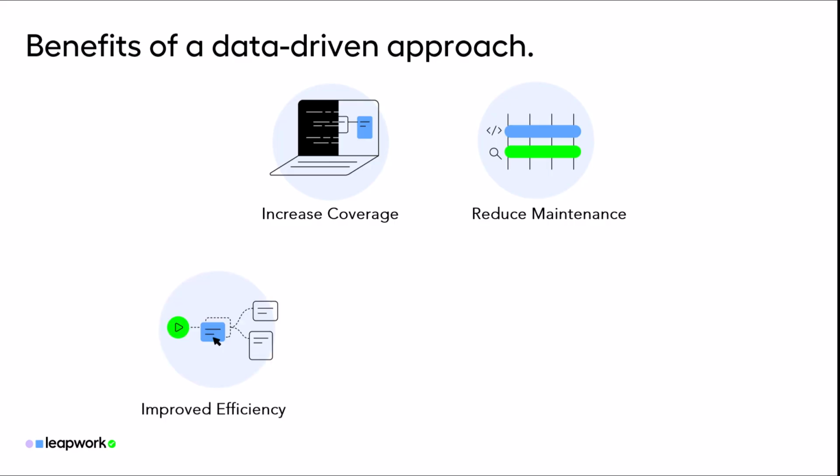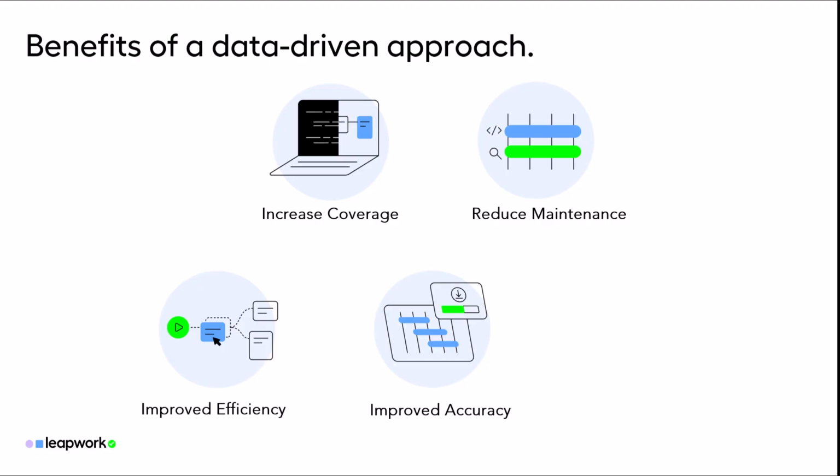Data-driven automation improves efficiency. It can save time and effort because you can reuse the same Leapwork flow for multiple scenarios. This means that you do not need to create new flows for every scenario, which can be time-consuming and error-prone. Data-driven automation improves accuracy.